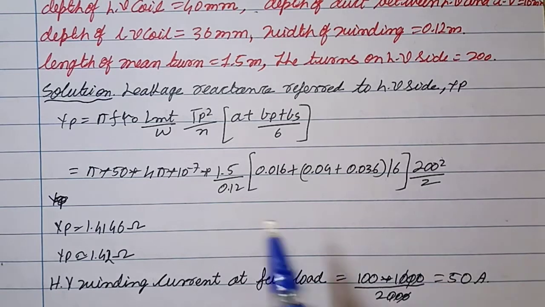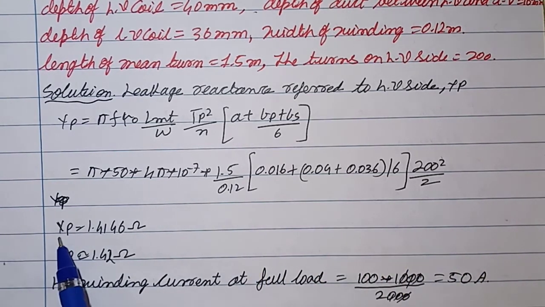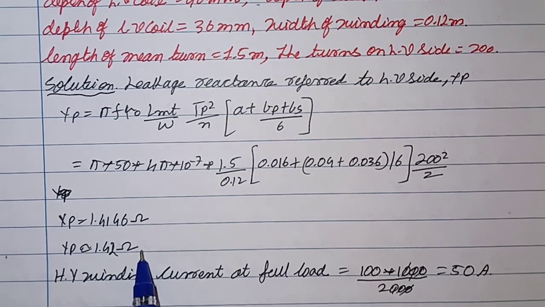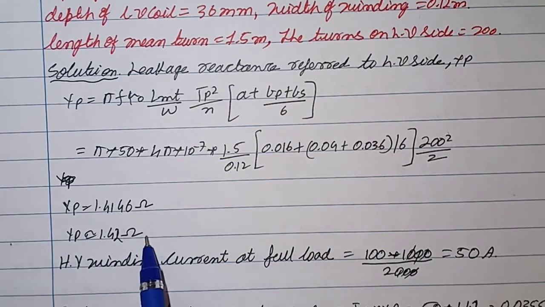Solving this, we get Xp is 1.4146 ohm, approximated to 1.42 ohm. This is the per phase leakage reactance.